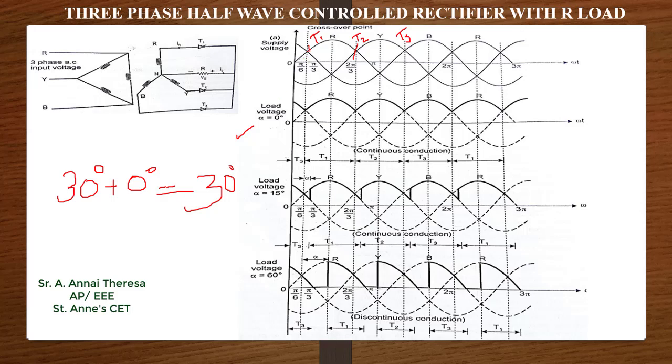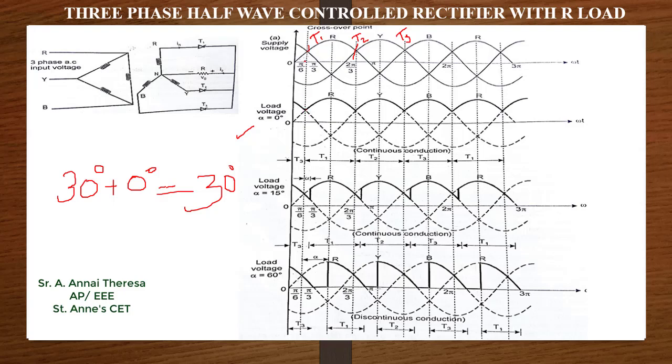I am going to trigger this thyristor T1 because in this duration the R phase voltage is maximum, which means T1 is forward biased. So I am triggering the thyristor T1 at this point, that is 30 degrees.